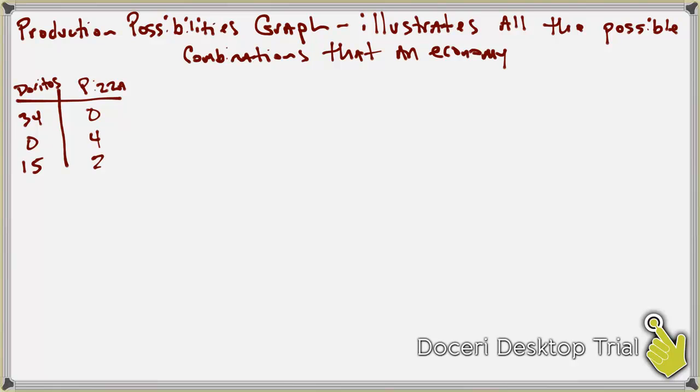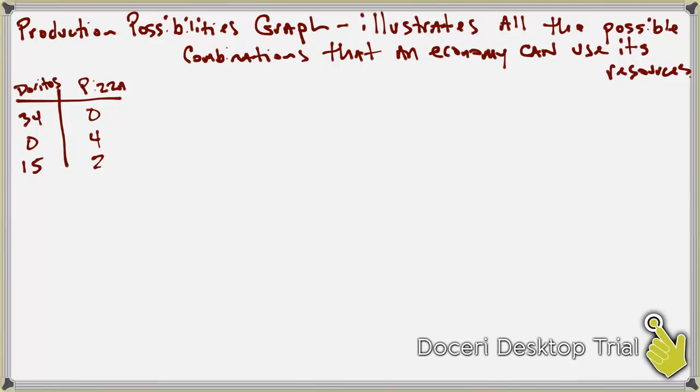So you had your land, labor, capital, right? We're using our land, labor, and capital to produce, in this scenario, Doritos and pizza. And we tried to chart out how much we could produce. Now we're going to put that on our production possibility graph.